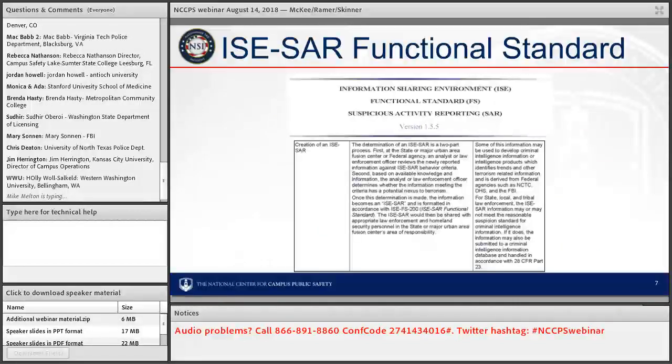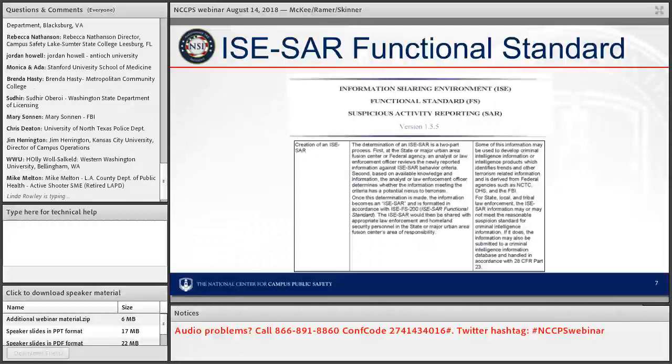So I talked a lot about the ISE-SAR functional standard, and I'll talk a little bit about what that is. This lays out a two-step process for determining whether terrorism-related suspicious activity needs to be processed and put into a national system and shared with everybody. That two-step process is, one, determining whether or not the activity that was observed is one of 16 behaviors that have been defined by experts as pre-operational activities related to terrorism.